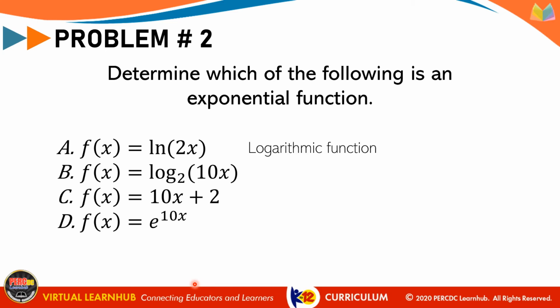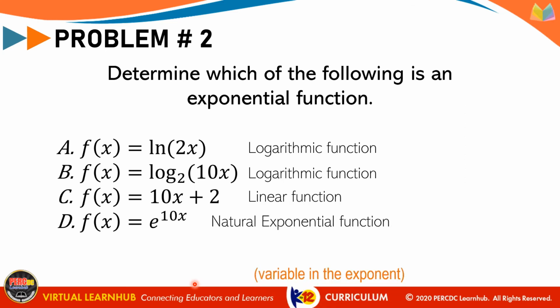A is a logarithmic function, or more specifically, a natural logarithm. B is also a logarithmic function. C is a linear function. And D is the exponential function, more specifically, the natural exponential function because of the variable or the argument in the exponent.